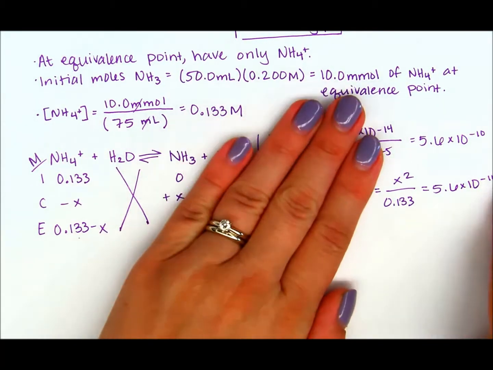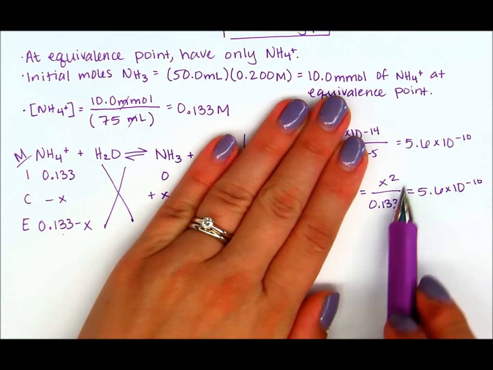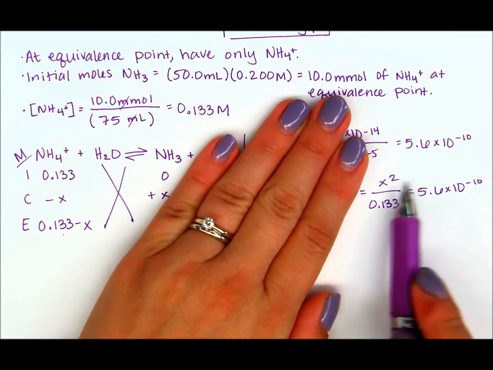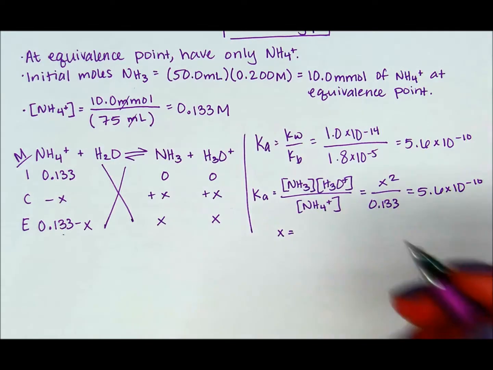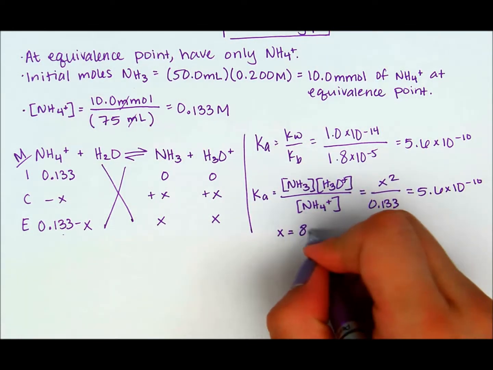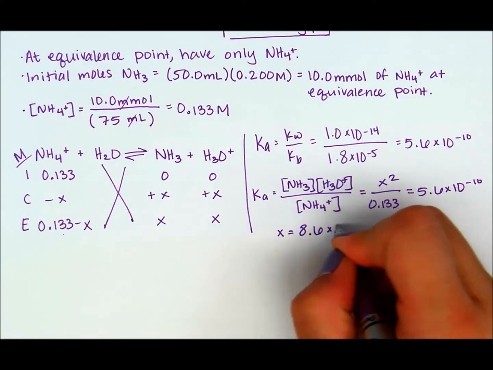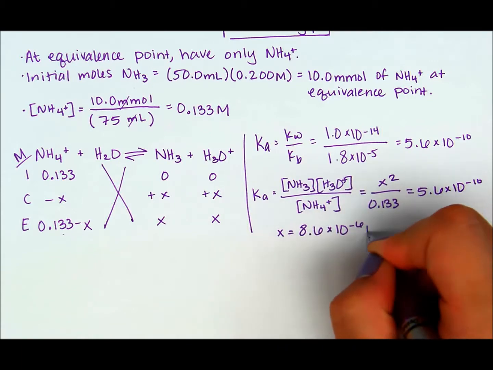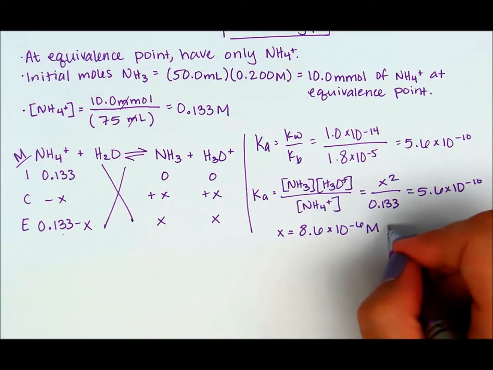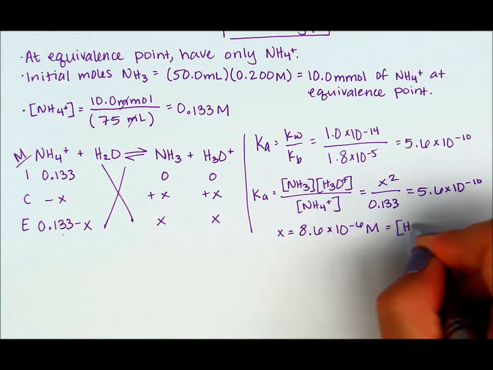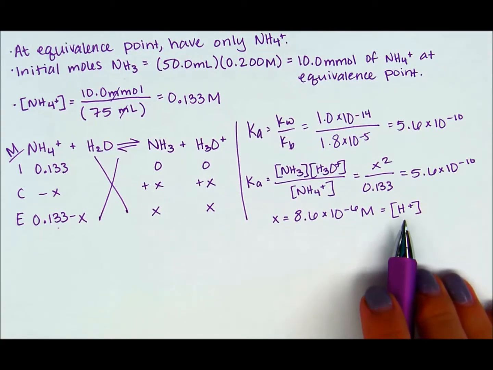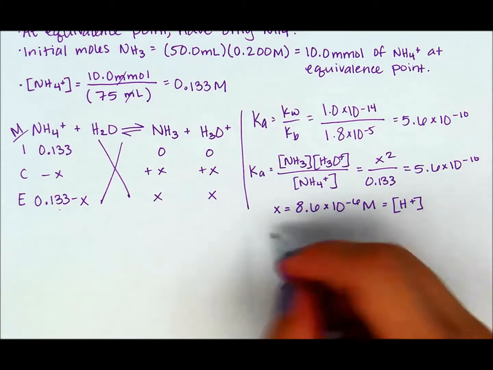So here's your problem that you're solving right here, just at the end. Multiply these together, take the square root to get X, and we get X equals 8.6 times 10 to the negative 6 molar. And that equals the concentration of H+. So we can get the pH from the H+ concentration.